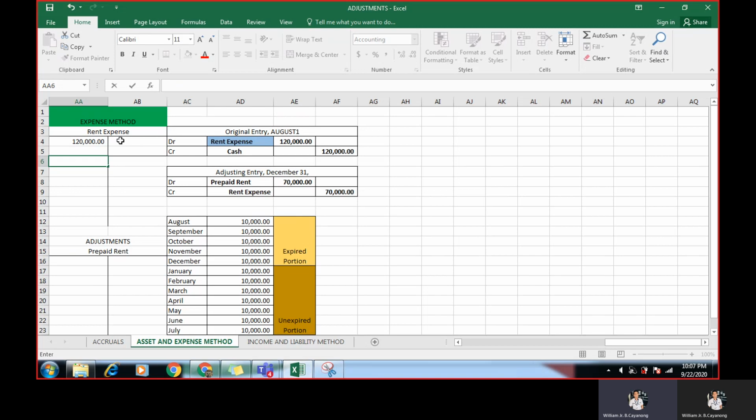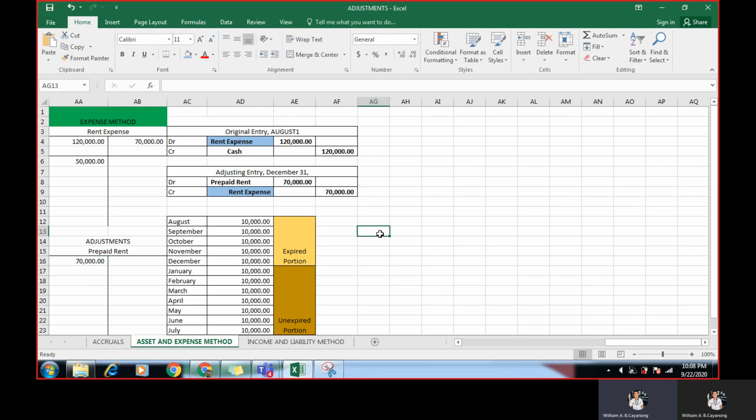Therefore, babawasan natin siya ng 70,000 to make it only 50,000. Okay? So, kaya tayo nag-credit ng rent expense. Tingnan. Ayan, nakuha ninyo. Okay, kaya tayo nag-credit ng rent expense. It's because we need to decrease the rent and able to reflect the true expired portion of the advance payment. Okay? So, ayan. And we recognize the asset portion, which is 70,000 pesos.